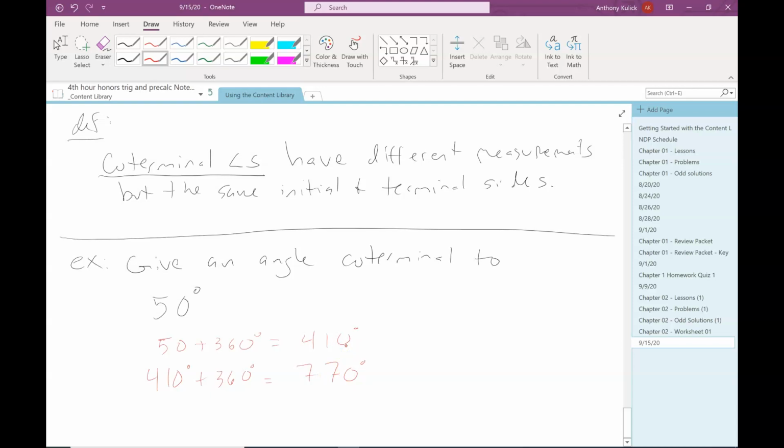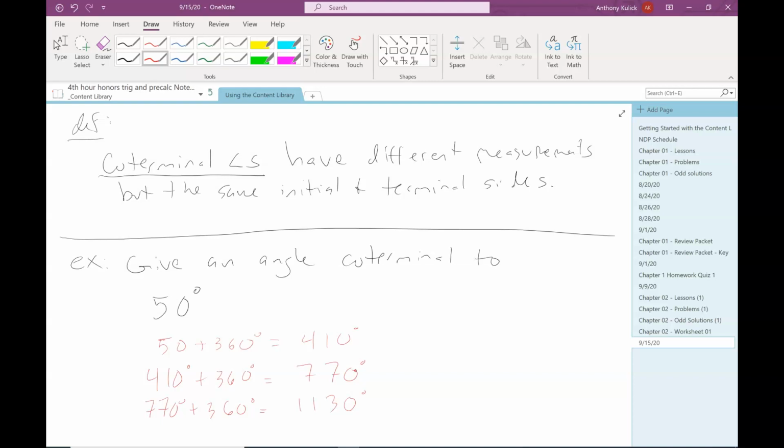What if I wanted another coterminal angle? What could I do? Add 360 again. Is there any limit to this? No, right? I can keep adding 360 and adding 360 and adding 360, and I'm going to keep getting coterminal angles.